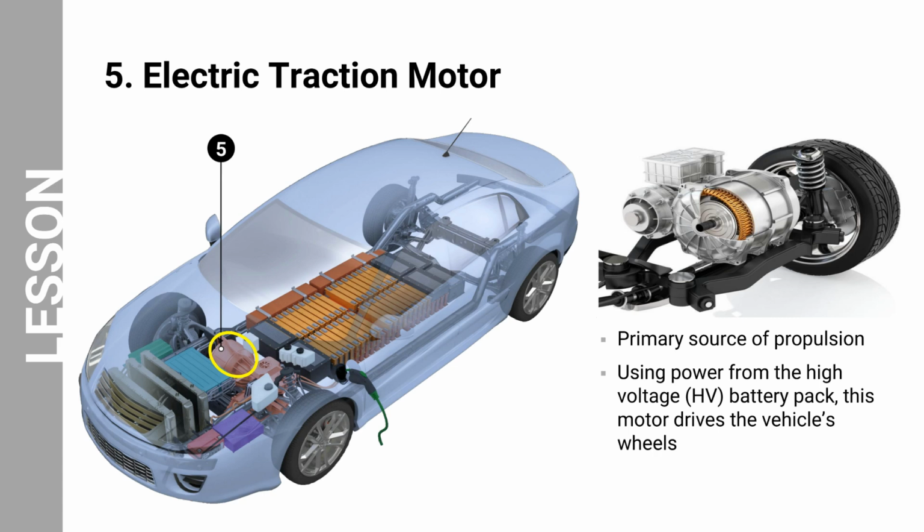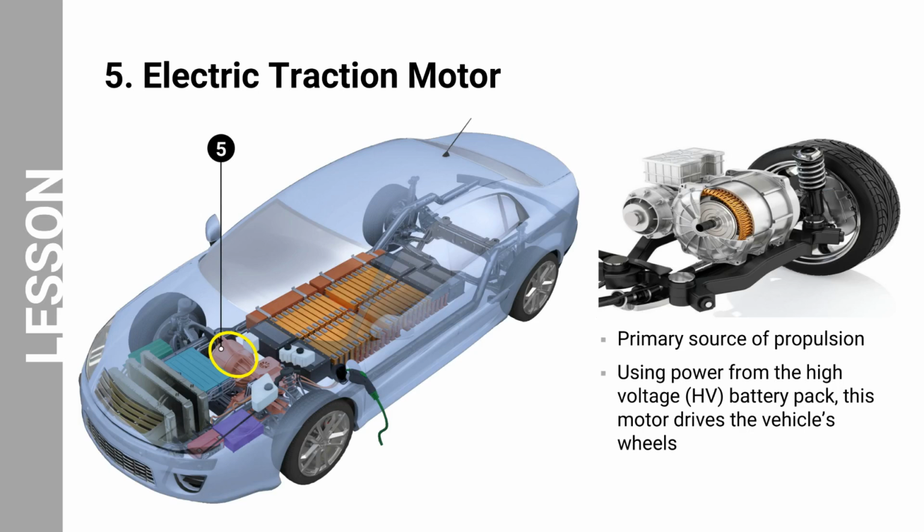The type of electric traction motor used in a BEV depends on several factors, including the vehicle's size, weight, and performance requirements. For example, a small city car may use an induction motor, but induction motors are less efficient and more prone to noise and vibration, while a larger SUV may use a permanent magnet synchronous motor, abbreviated as PMSM.